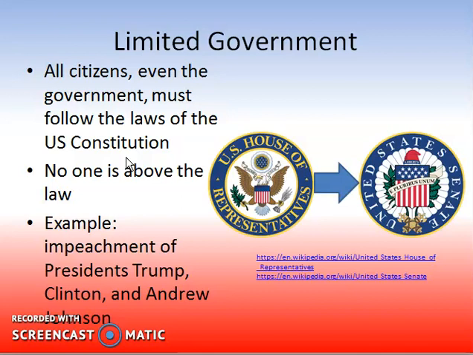So, you guys have lived through an example of this with the impeachment of President Trump. But remember, the term impeachment just means accused of wrongdoing. Now, it could be wrongdoing as a criminal act.